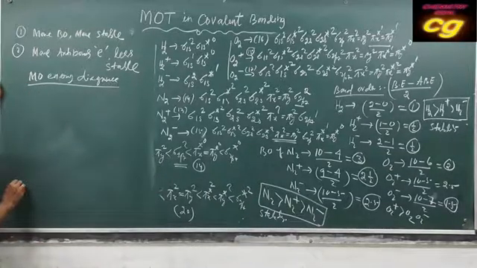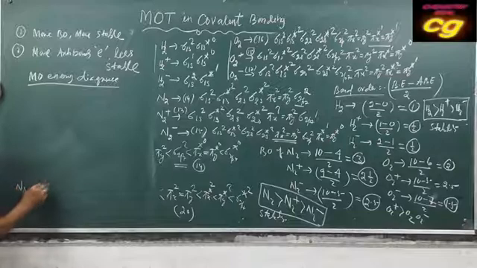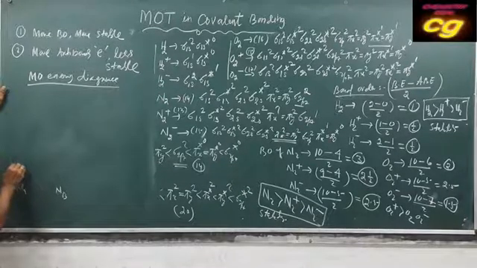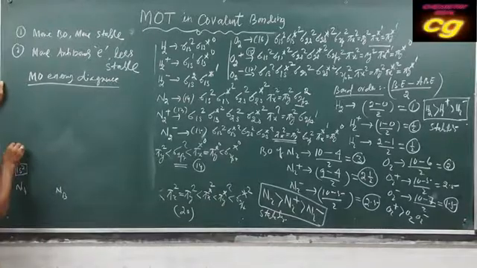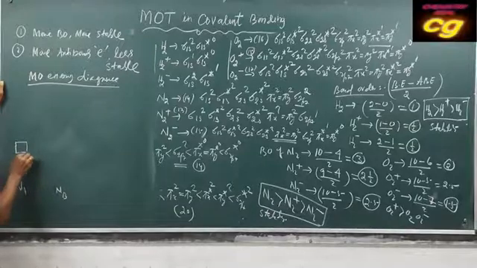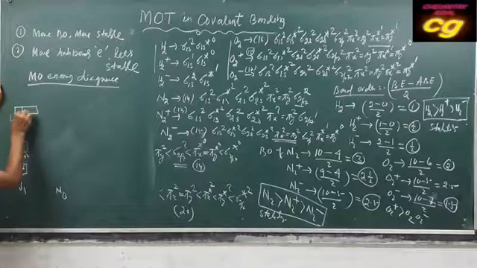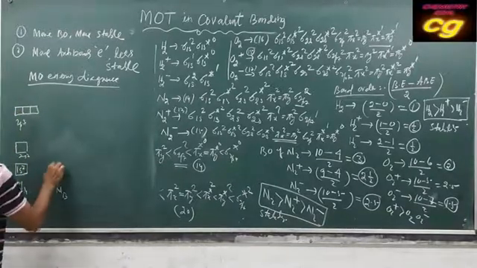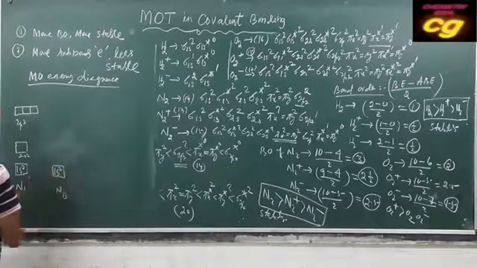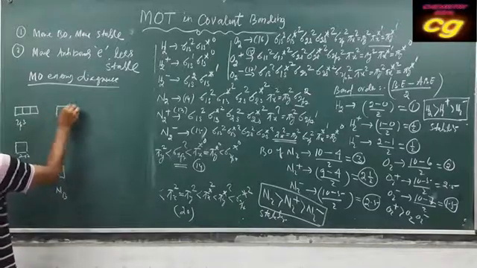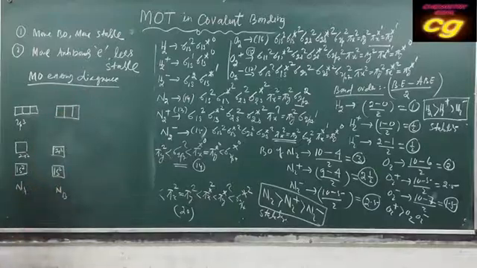The nitrogen molecule has two bonded atoms, Na and Nb, and the nitrogen electron configuration is 1s2, then 2s2, then 2p3. Here also the same, 1s2, 2s2, 2p3. I can draw this one.